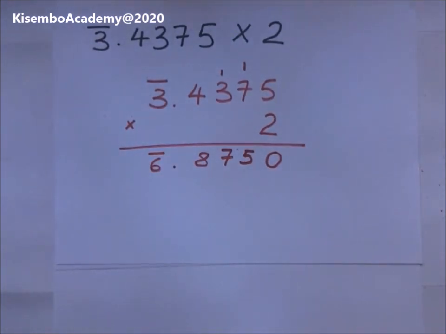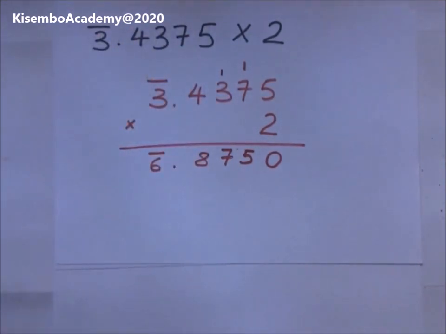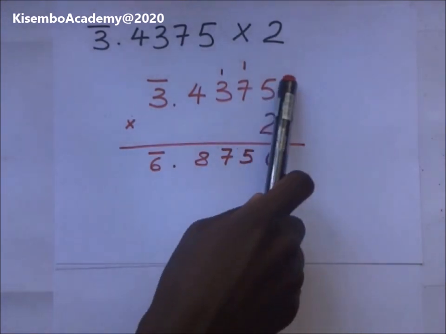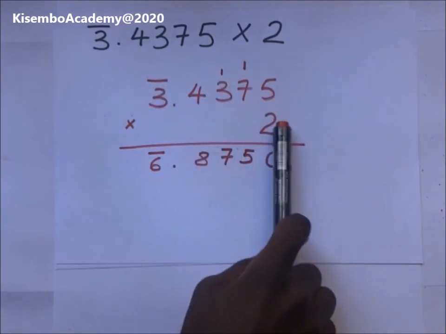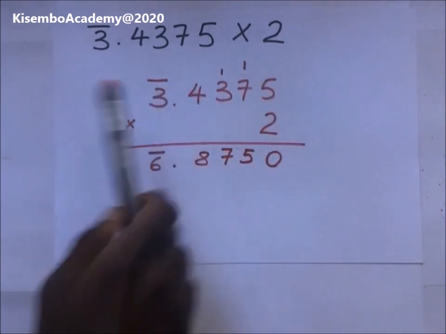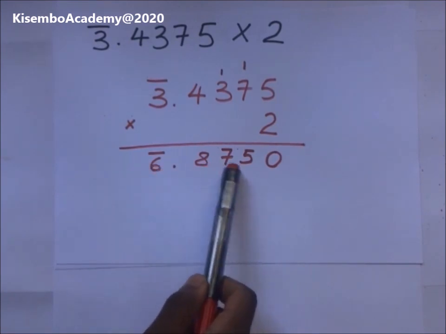So when we are multiplying logarithms, because this is a logarithm, we do it in such a way that the characteristic will be multiplied independently from this. So it means that the answer we are getting here is 6 bar 0.8750.